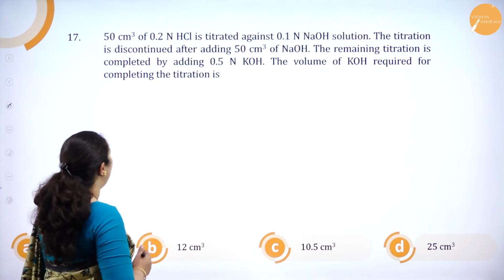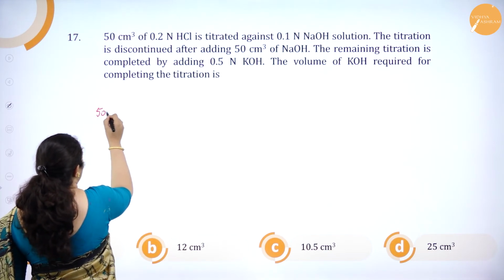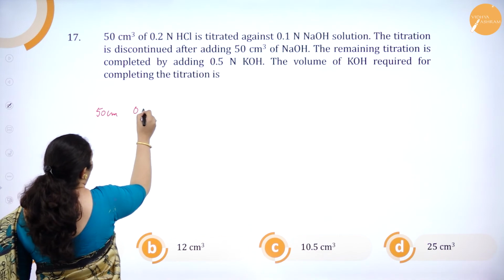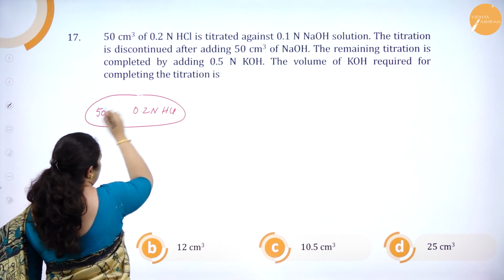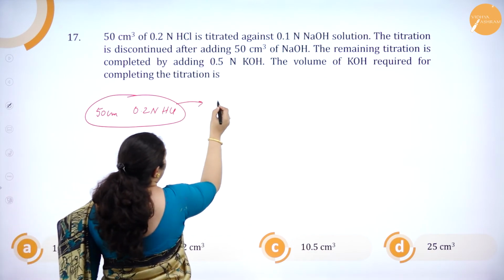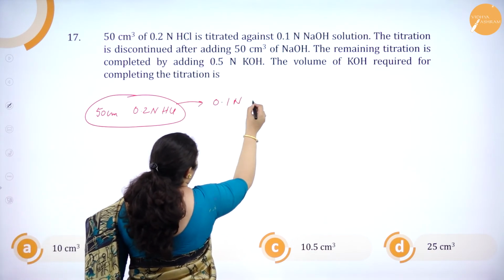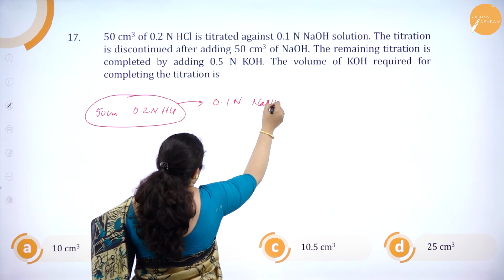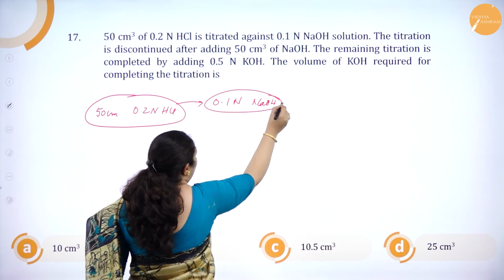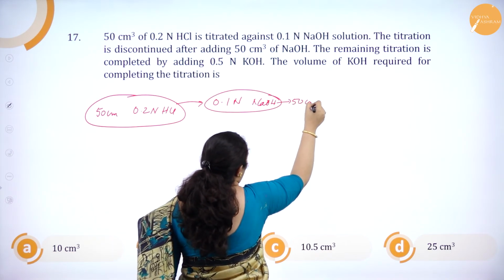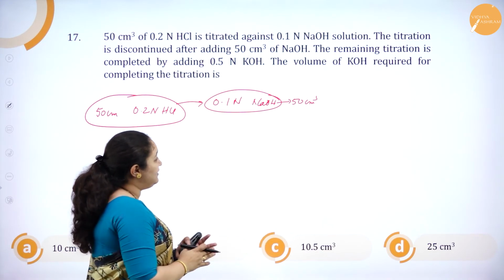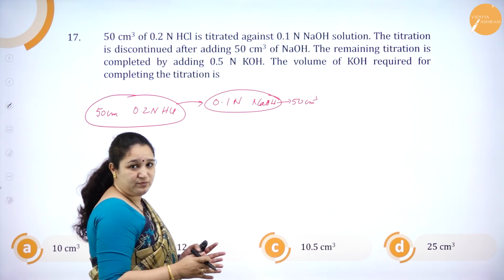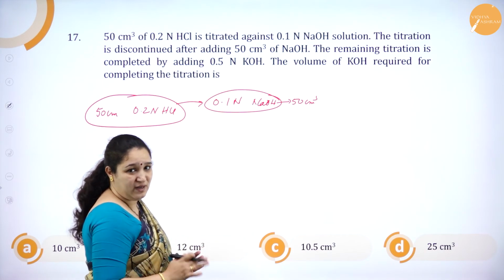So, what we have taken is 50 cm cube of 0.2 normal HCl, and for this the titration is done with 0.1 normal NaOH. After adding 50 cm cube of NaOH, it was over and the titration was discontinued. That means the end point has not yet come.